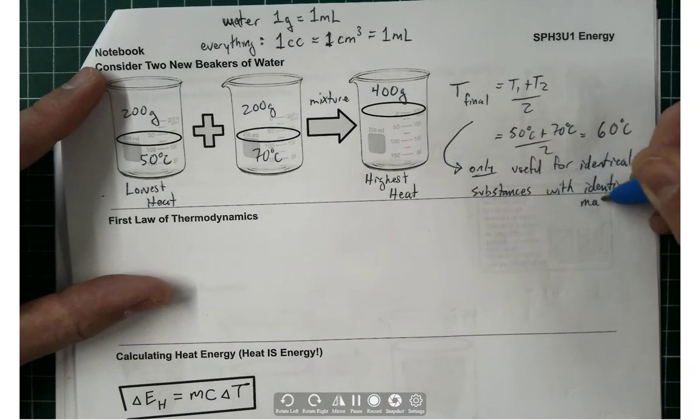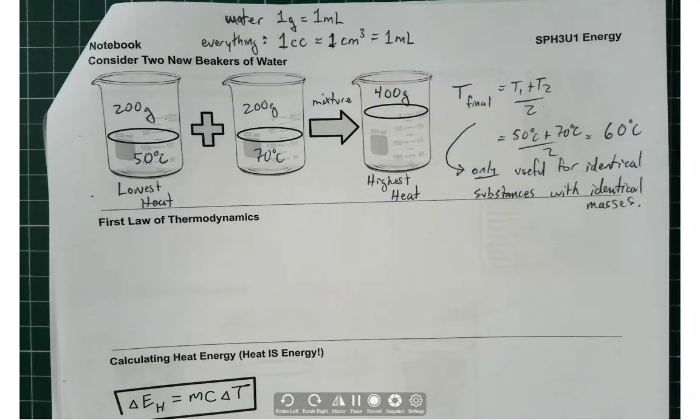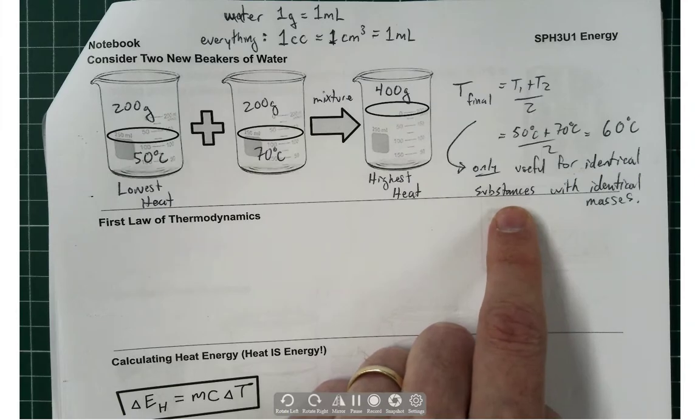So people say, well, why would you even bring up one that's so pigeonholed, like so specific? I'm bringing it up so that you recognize that this is the only time you can ever use this formula. It has to be identical masses and identical substances. How often do you think you actually mix the exact same amount of the exact same stuff with each other? Like basically never, right? So this is so specific as to be almost useless for us.